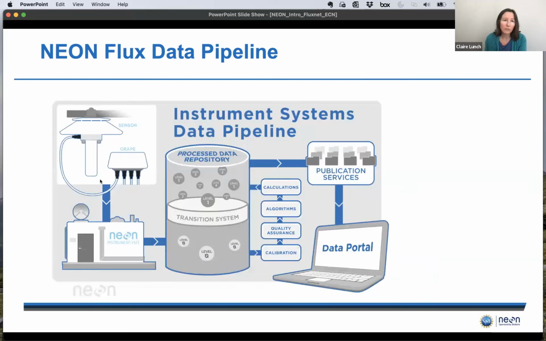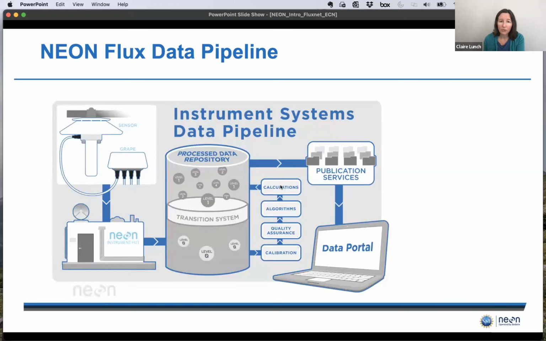The next slide is going to zoom in on the bottom of this figure. So now looking really at, okay, so then what happens after the data are initially collected? So you have a sensor in the field. Hopefully everyone can see my mouse as I'm pointing stuff out. That sensor is collecting data in the instrument hut that is on site in the field. Data are transmitted from that to the centralized NEON database.